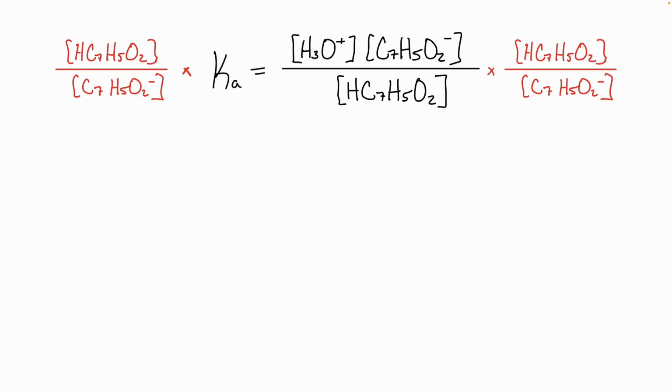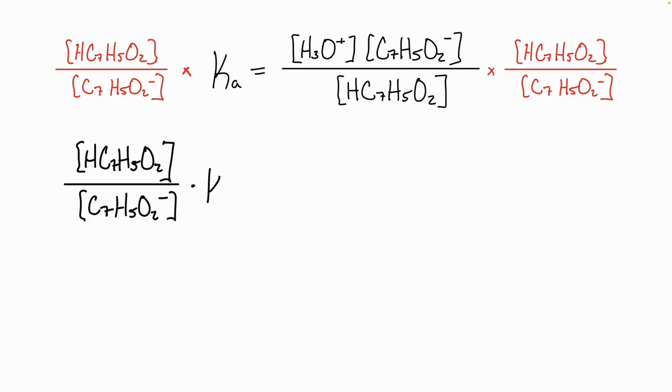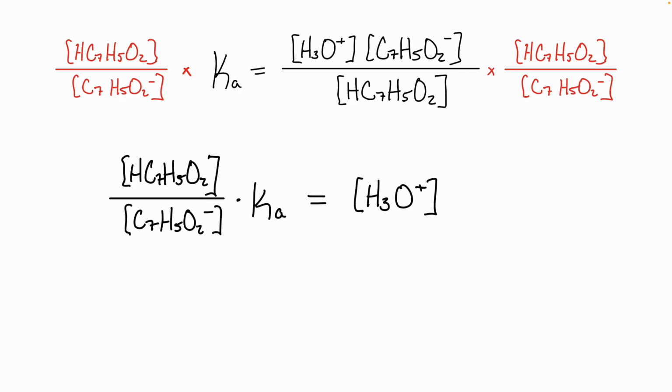Okay, so this gives me my acid concentration over that conjugate base concentration times my equilibrium constant equals my hydronium concentration. All right, but let's go a step further. We're not actually after hydronium ion concentration.